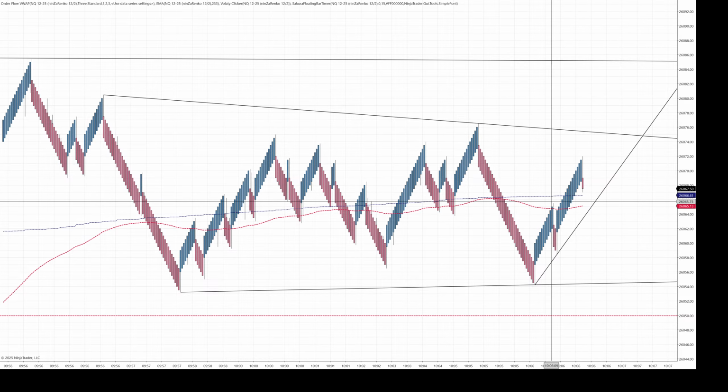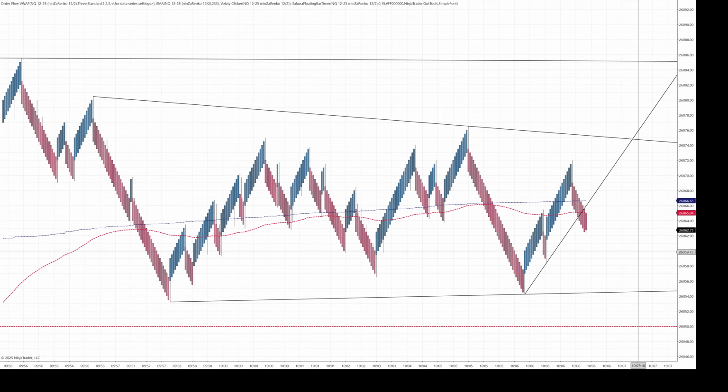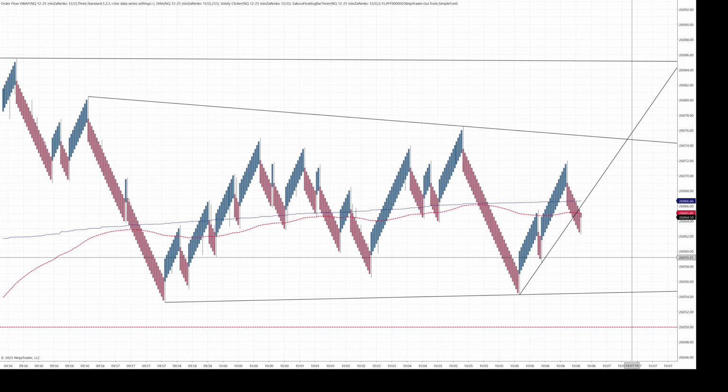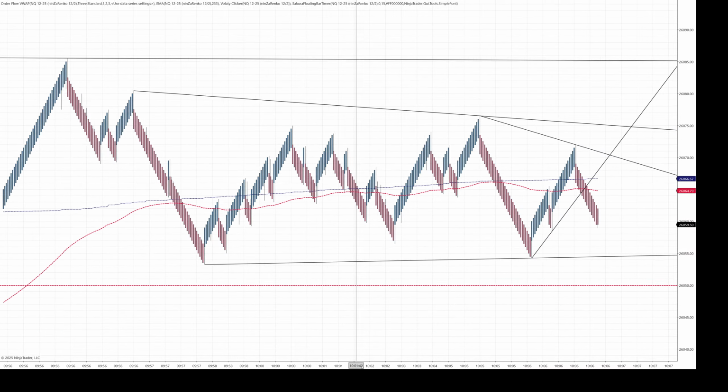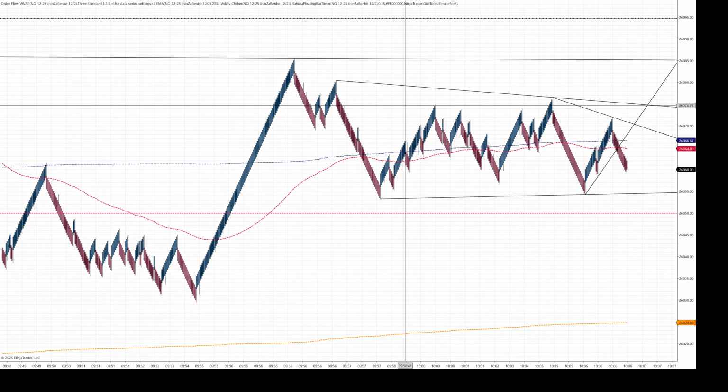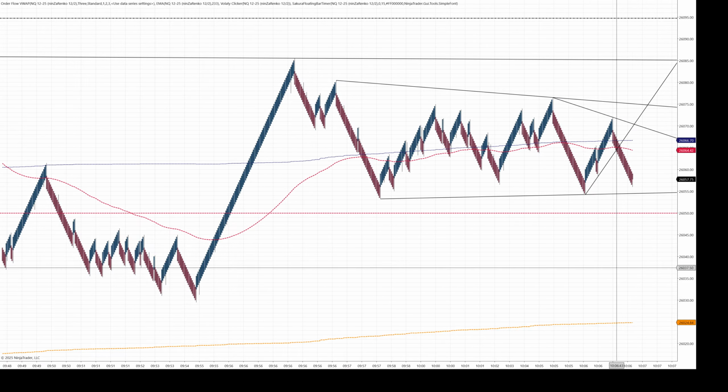And we're getting right back into this range that we've been stuck at for the last 10 minutes or so. And if you can zoom out, you could see we've been sort of chopping back and forth.